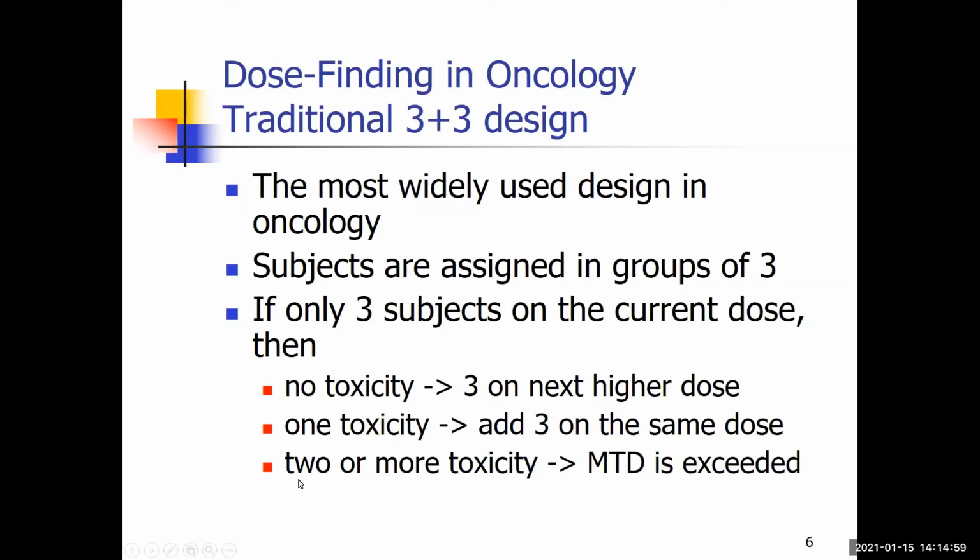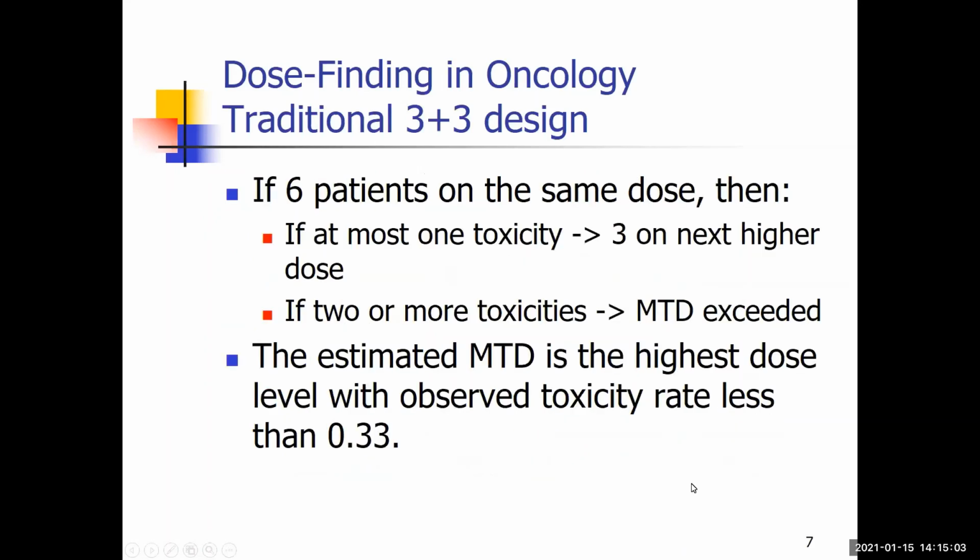And if you found 2 or more toxicity, you would say MTD is exceeded. If 6 patients are on the same dose, then if at most 1 toxicity, you add 3 to the next higher dose. If 2 or more toxicities, then you claim that MTD has been exceeded. The estimated MTD is the highest dose level with observed toxicity rate less than 0.33.